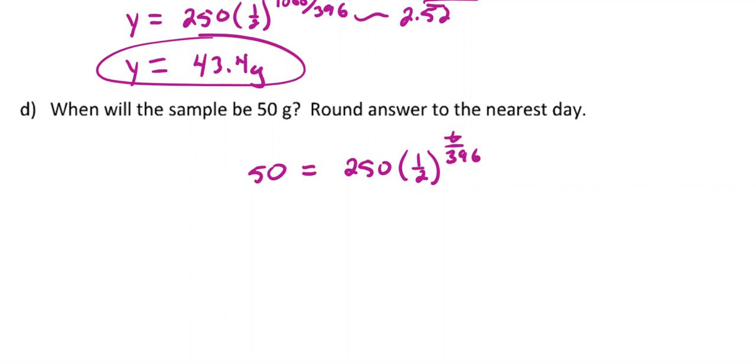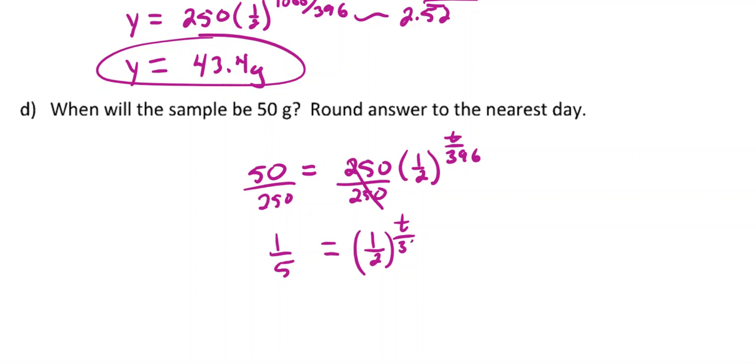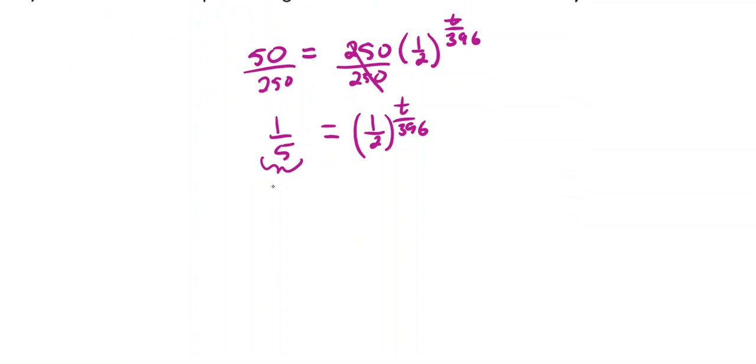You may want to divide both sides by 250, that might be a bit easier. So that ends up being 50 over 250, which is equal to 1/2 to the t over 396. And then if you just graph both sides, this as y1, this as y2, we end up getting t is equal to 919 days.